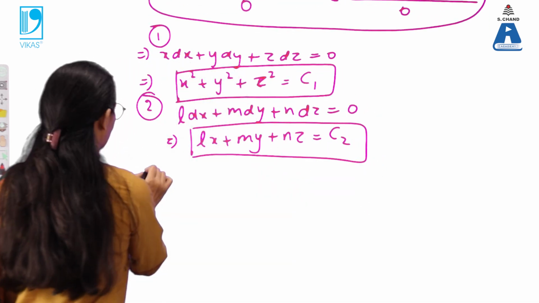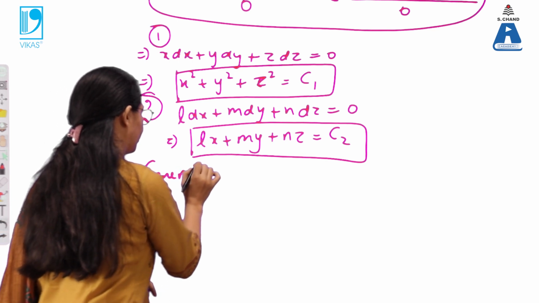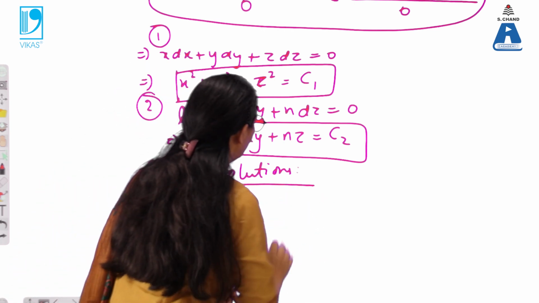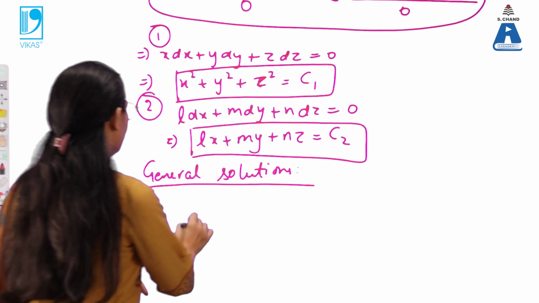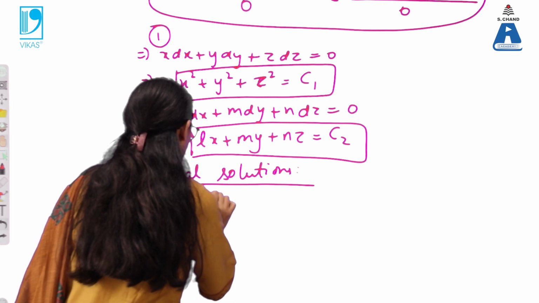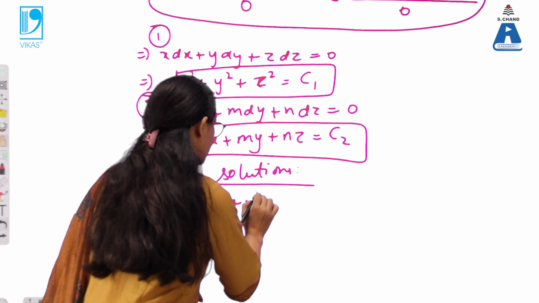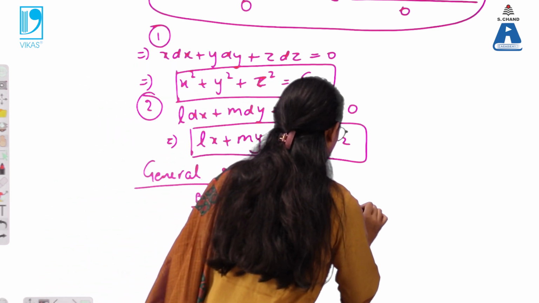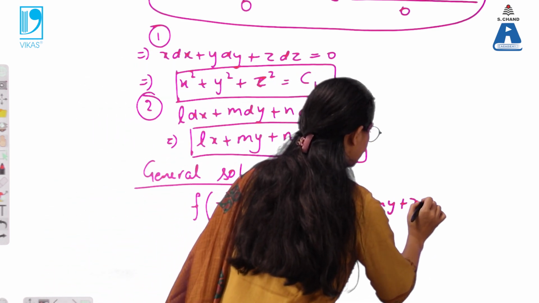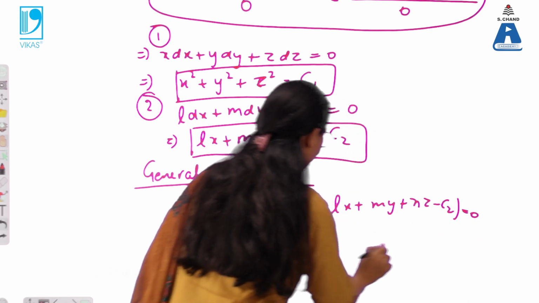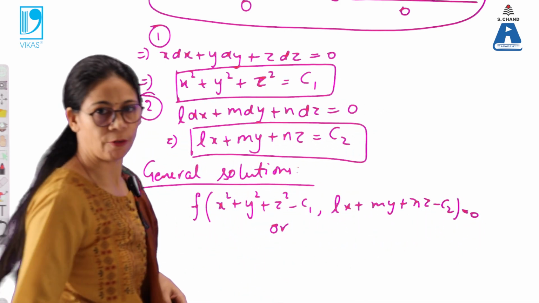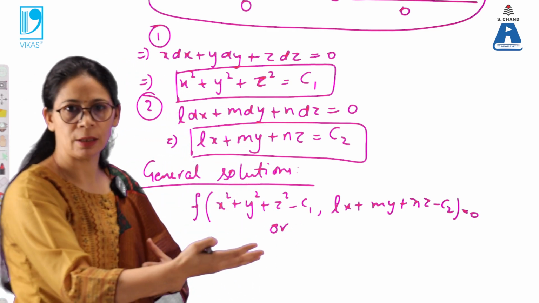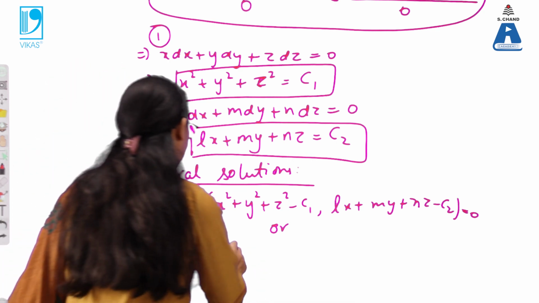So, the general solution can be written in two ways, and both have been used in standard textbooks. Either we write f of (x square plus y square plus z square minus c1, Lx plus My plus Nz minus c2) is equal to 0, or the second way of writing is that one relation is taken on the left side and the other on the right side.